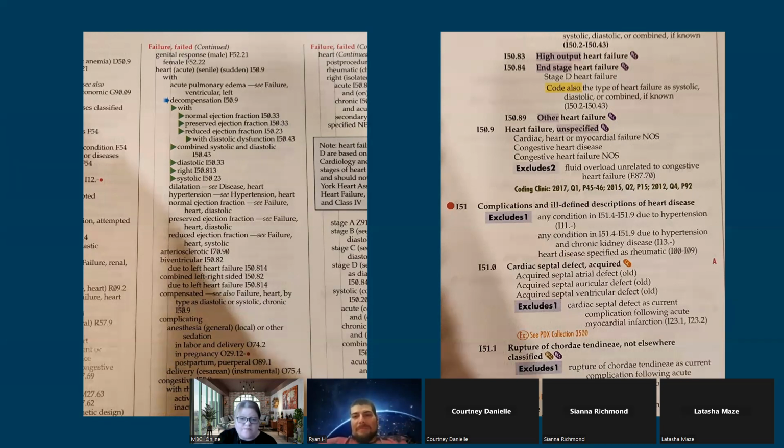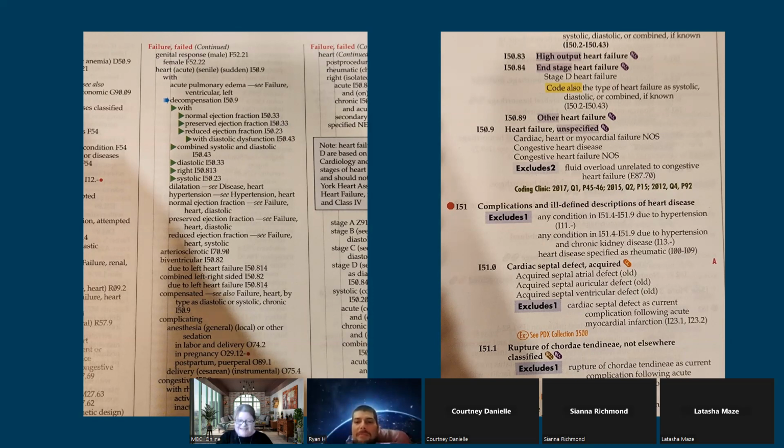That's why it's so important to read those notes, the excludes, and there are some that say includes, and all the different things. Also, if you look down at the bottom of the page in your manual, you'll see all the signs and symbols in a legend: Excludes1, Excludes2, includes.